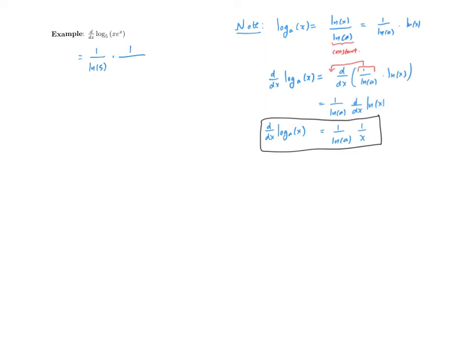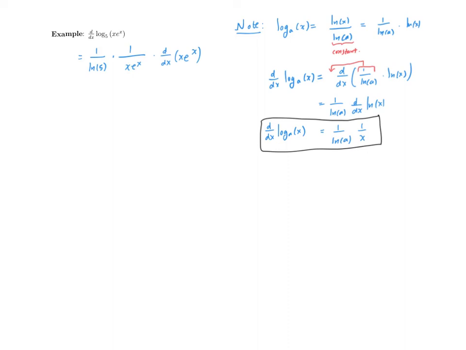So we've differentiated the outside function. We now substitute in the inside function and multiply by its derivative. So we've combined together our new formula of differentiation with the old and familiar chain rule.